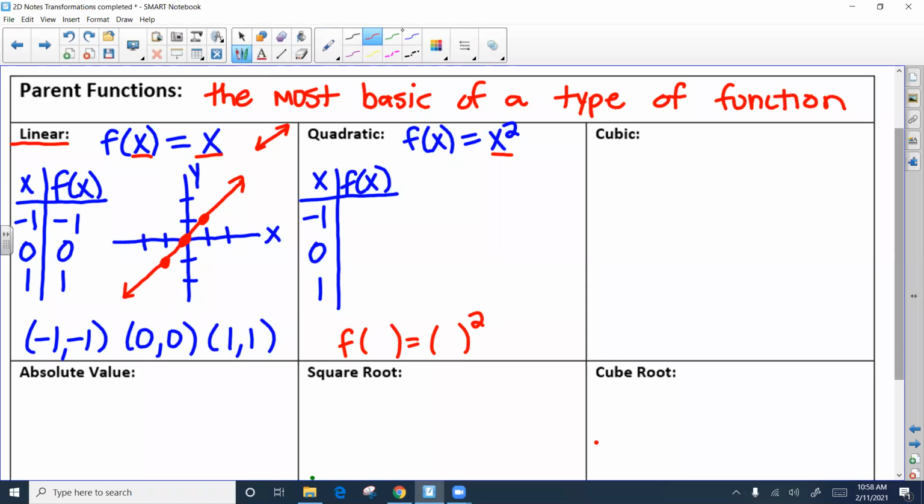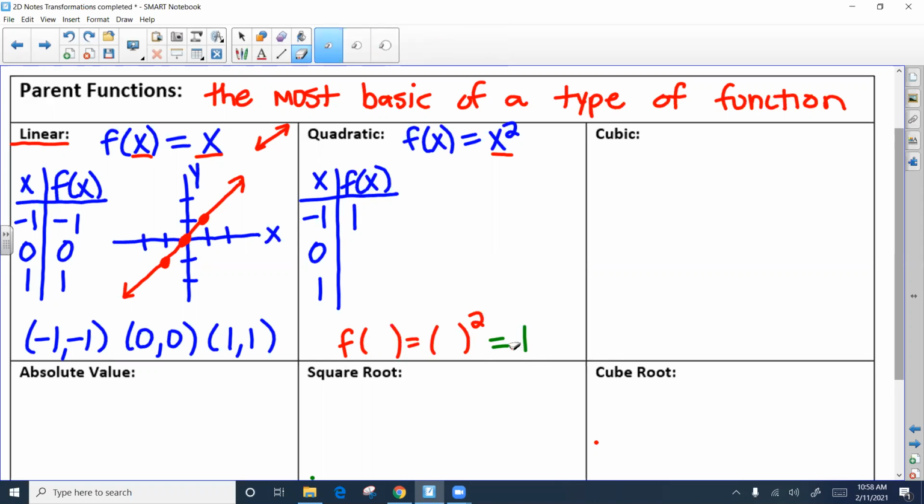So if I am evaluating a function, we can write it like this, where we write the x as an open parentheses. So first I'm going to plug in a -1. If I plug in a -1, we'd have f of -1 equals (-1) squared. (-1) squared becomes +1. -1 times -1 is +1. So when our input is -1, our output is +1.